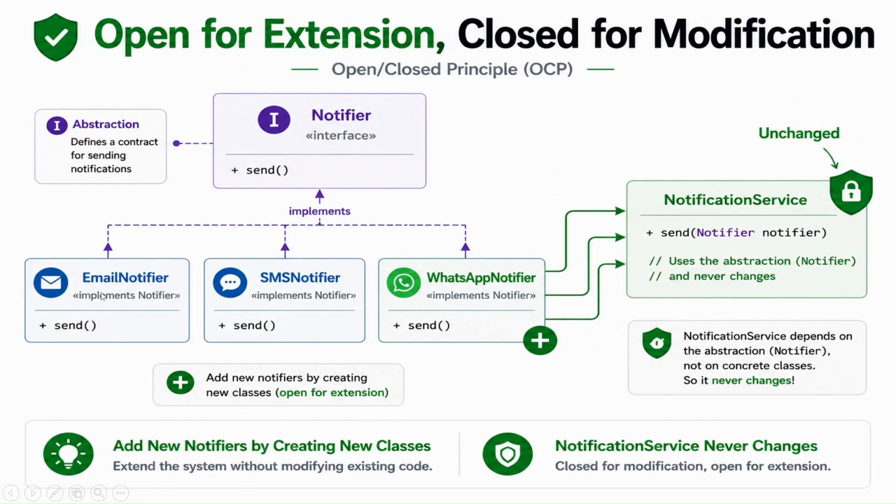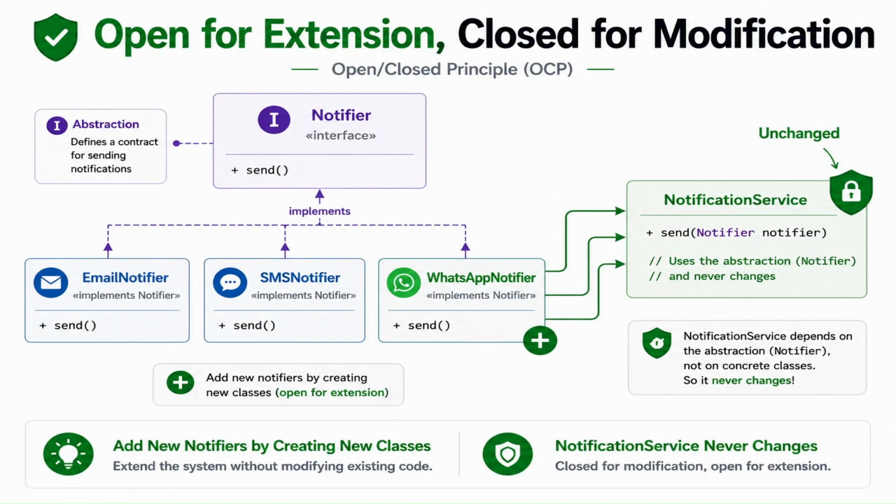So in our case, email notifier implements notifier, it implements the send method, it writes its own logic to send the notification. Same goes for the SMS notifier and WhatsApp notifier as well. So all three classes override this method and write their own logic. All right. So this is sorted.